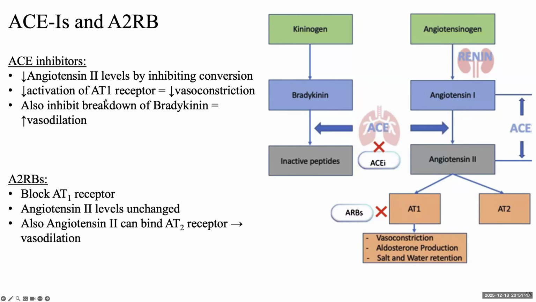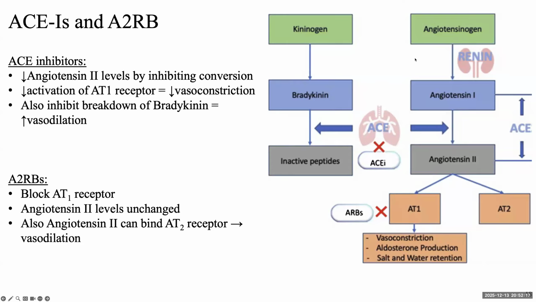We also get a decreased activation of the AT1 receptor, which means we're decreasing the amount of vasoconstriction that's caused by the AT1 receptor, right? And we're also preventing the breakdown of bradykinin, right? So this is the benefits of our ACE inhibitors, right? So if we leave bradykinin intact, we get more vasodilation.